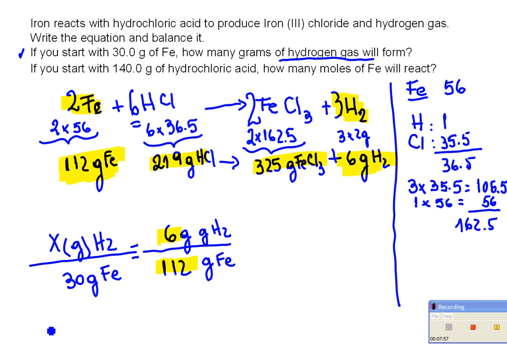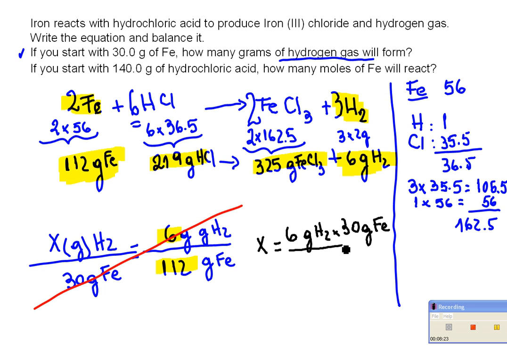Okay? So again, if you don't remember, just in case, if you make a line here, everything that is on the line is going to be multiplying and the other ones are going to be dividing. So X will be the same as 6 grams of hydrogen times 30 grams of iron divided by 112 grams of iron.